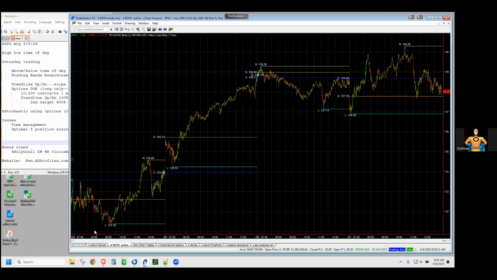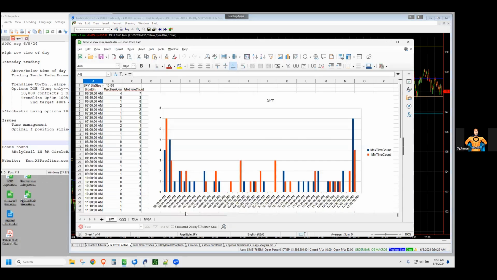So I created an analysis which was to take a look at SPY and at a histogram of when the peaks and the valleys are. The time of the maximum price of the day is in blue, and the minimum time is in red.